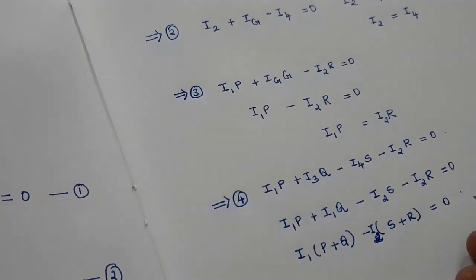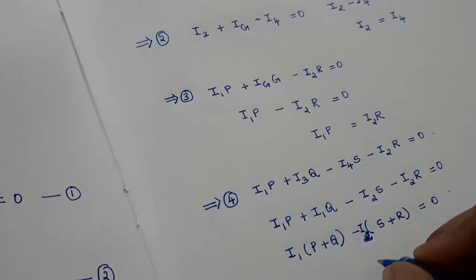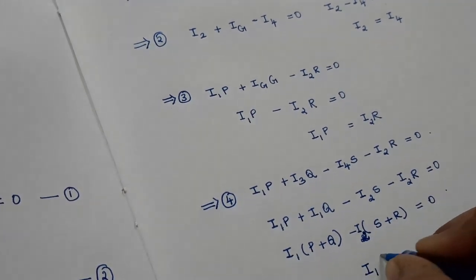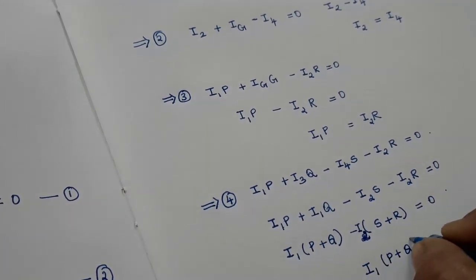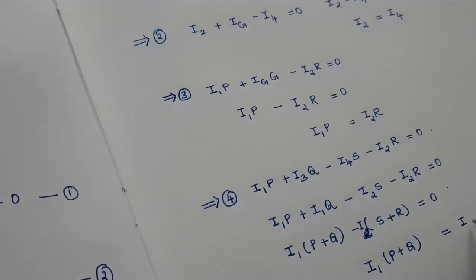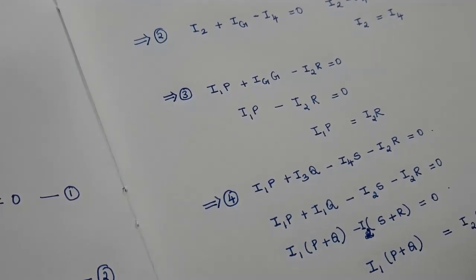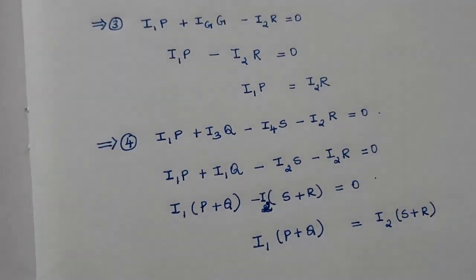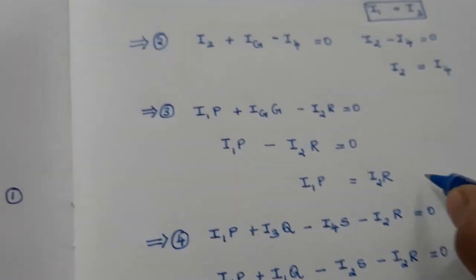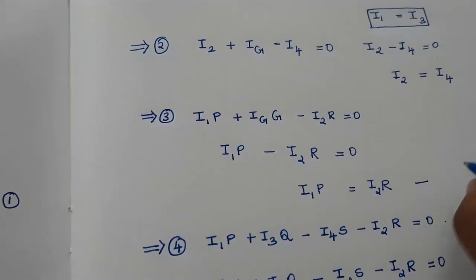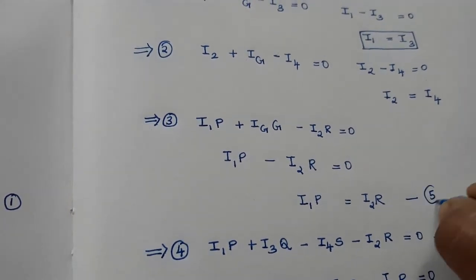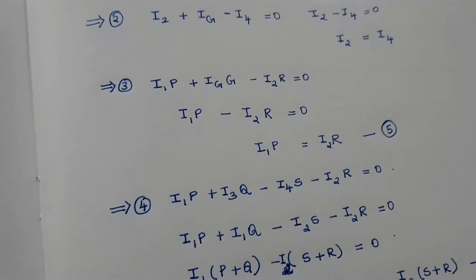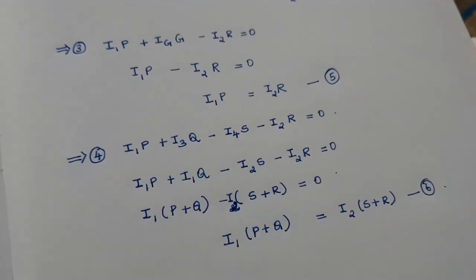So this minus term can be taken to the other side, and we will get I1 into P plus Q is equal to I2 into S plus R. Let us take the first as equation 5 and this as equation 6.